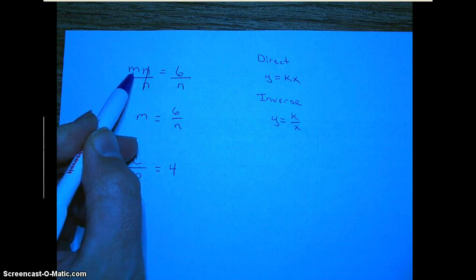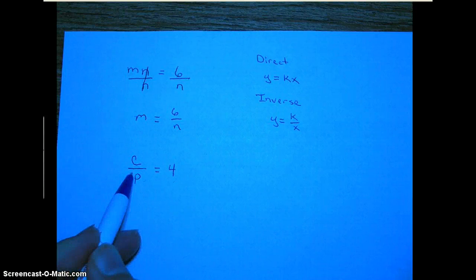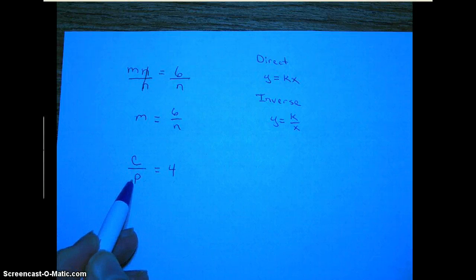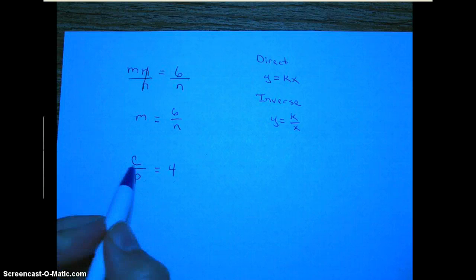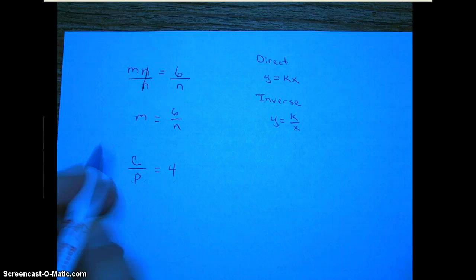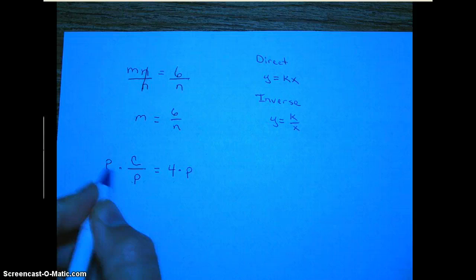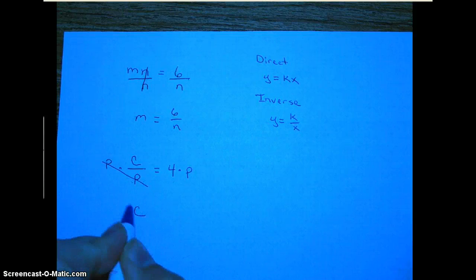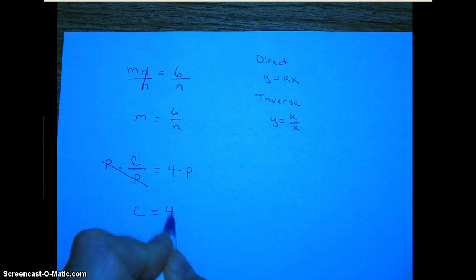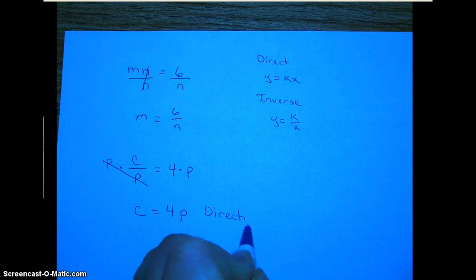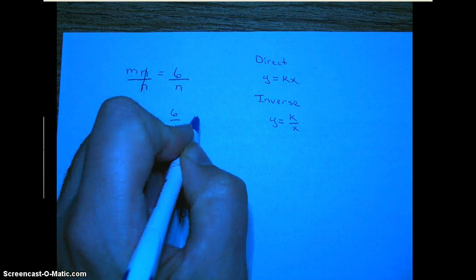We had to get the variable by itself, correct? So the same thing here. Let's get the variable by itself. Which one? It doesn't matter. I think I'm going to go ahead and solve for C. If I solve for C, I'm going to multiply both sides by P. And so C varies directly as P. So this is actually a direct variation. And this one was inverse.